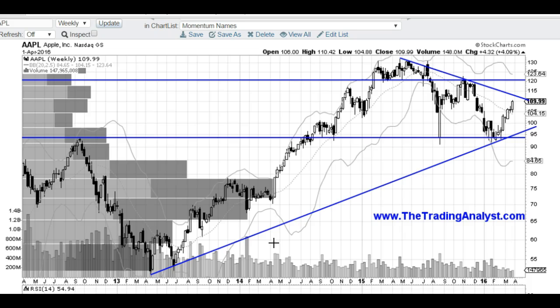All right, so let's get into these charts here. We've got the Apple weekly chart. I wanted to touch on the weekly chart for Apple just because we're coming up to a very, very key level on Apple here. We've been in a downtrend since early 2015, so about a year now, and we're coming up to that key test of this downtrend line.